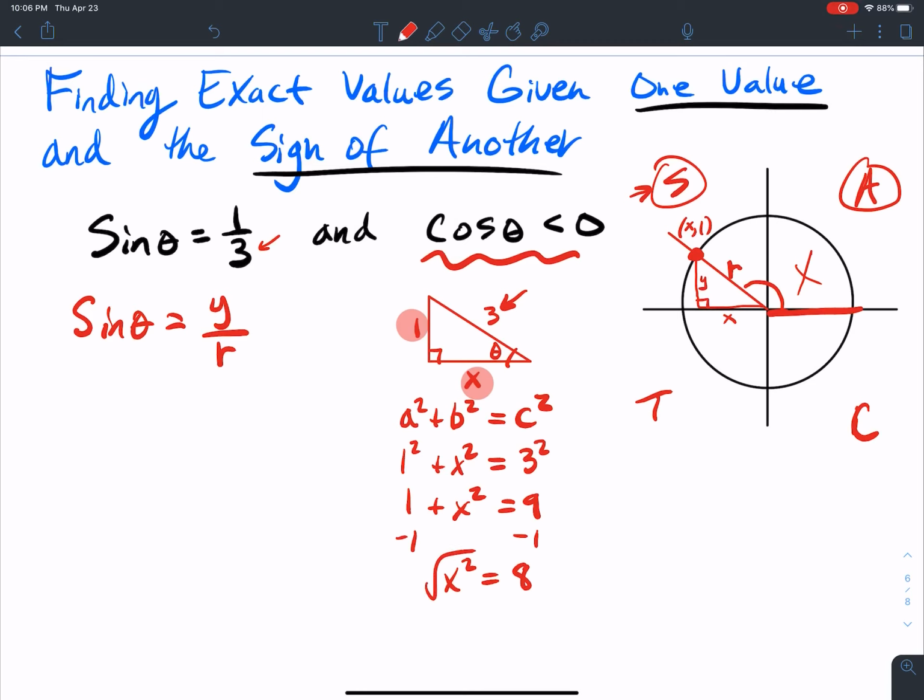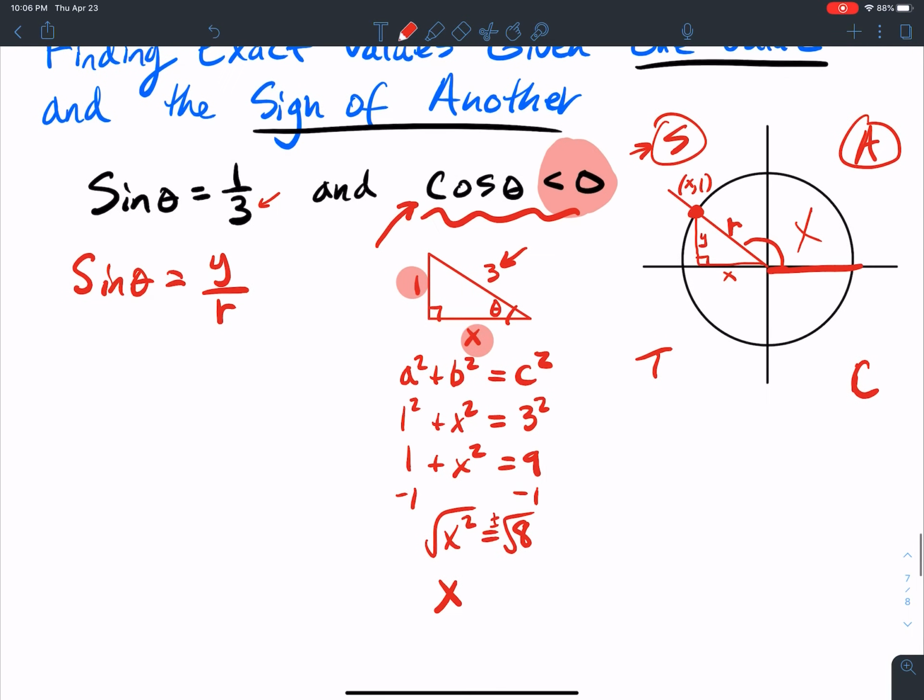When I take the square root, we've got to figure out, are we looking at the plus or the minus? Well, what do I know about x? Okay, x is negative. It's less than 0. So this x value here is going to be the negative square root 8 value. That's the one that we're going to pick.